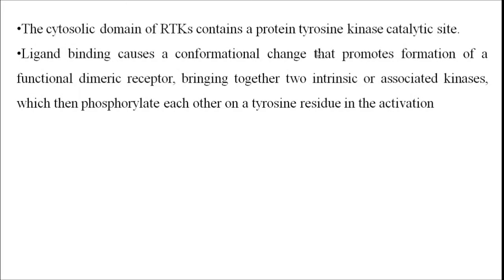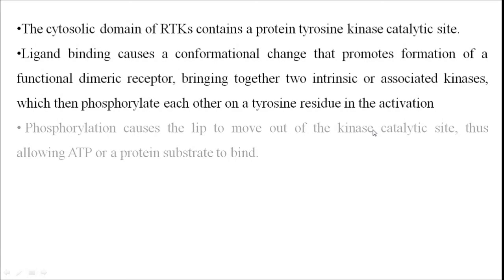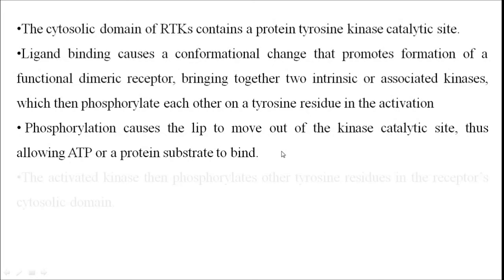So once the tyrosine residues are phosphorylated, we can say they are present in an activated form. So how does this phosphorylation or the activation of this tyrosine residue take place? For the phosphorylation, the activation loop will move out of the catalytic site and it allows the ATP or other phosphate donor molecules or the substrate to bind on that receptor.